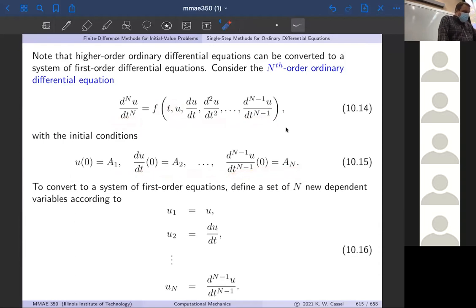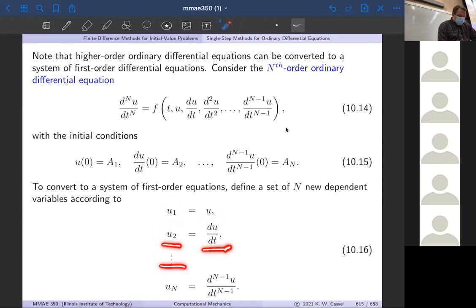Okay, so here's how we do the conversion. Remember, I have one dependent variable u. What I want to do is convert this problem to a system with capital N dependent variables. So we start by saying u1 is equal to the original u. Then u2 is equal to the first derivative, du dt, or u dot if you prefer.